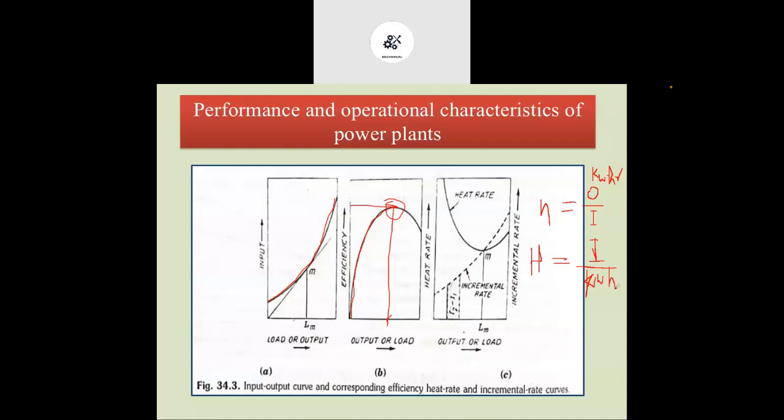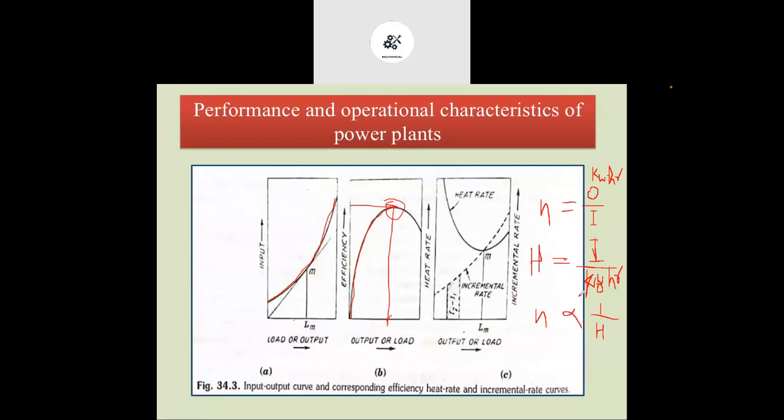Now, heat rate means what? Heat rate is the amount of input, or we can say the amount of energy, which is used to produce 1 unit of electricity. It means how much energy we require to generate 1 unit of electricity or 1 unit of power. That is known as the heat rate.